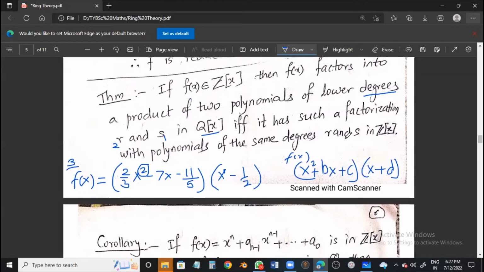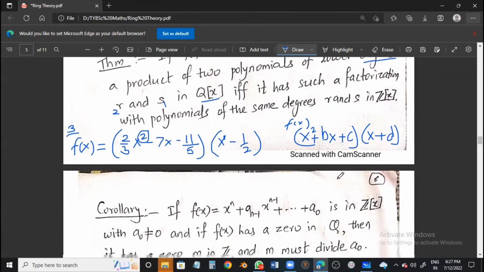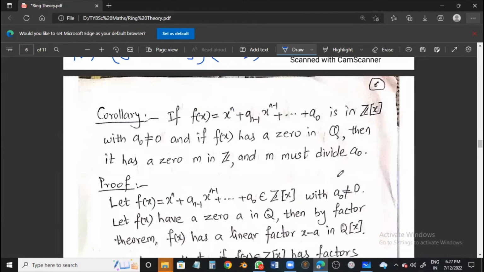No need of this proof because the proof is beyond the scope, but we are to use it. We will be using it, and that is why I explained. Now, in this corollary, you see f of x is an nth degree polynomial in Z of x, meaning a n minus 1, a n minus 2 up to a naught are all integers.